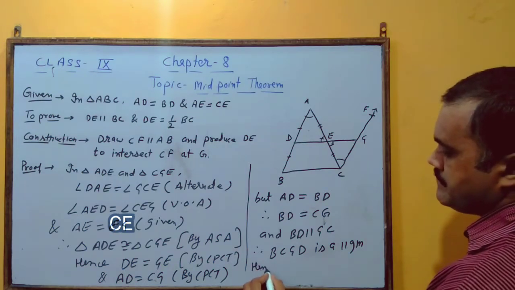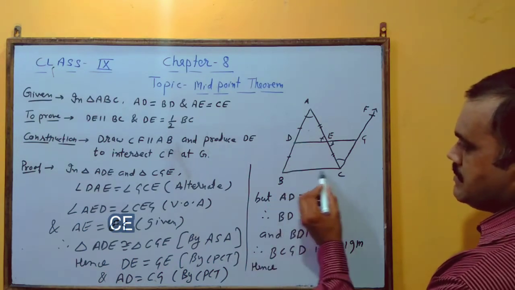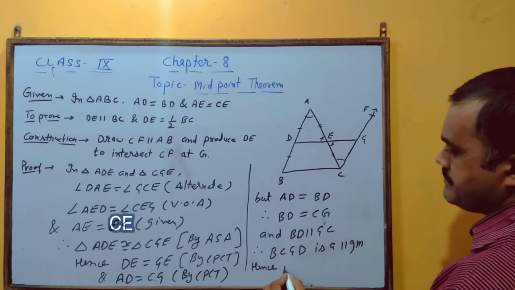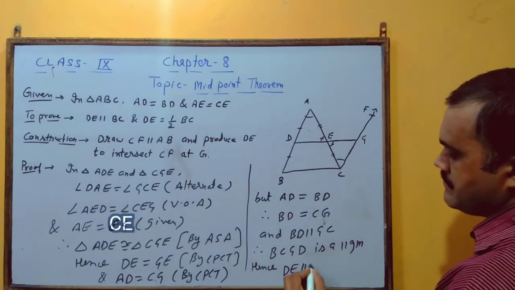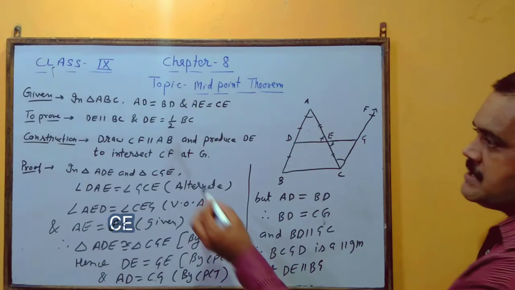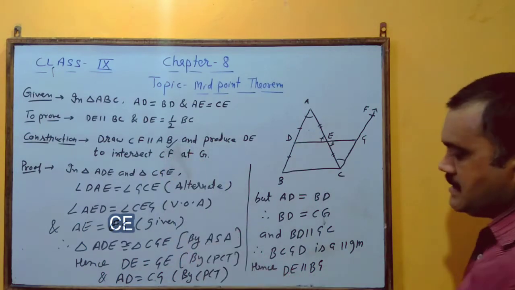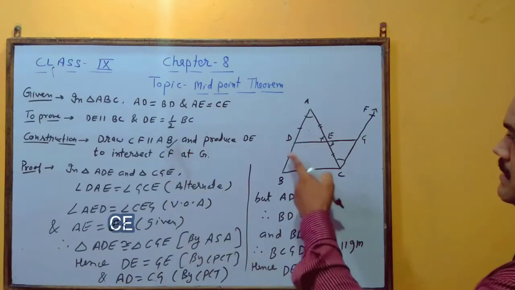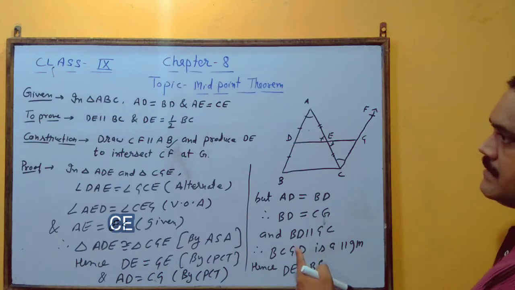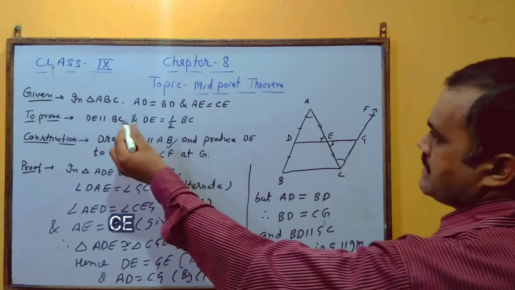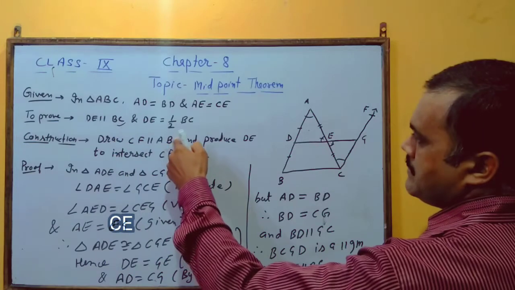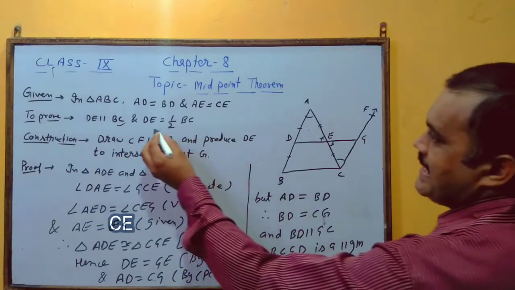Hence, this BC parallel to DE. So our first part is done. This DE parallel to BC, you can see this first part is done. Now we will come to the second part.